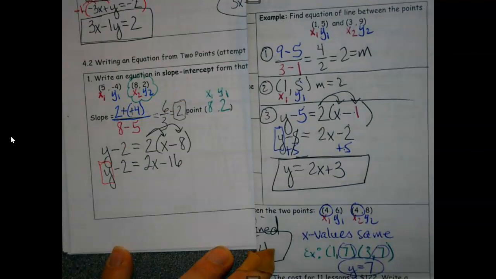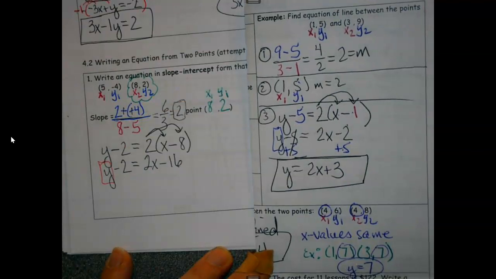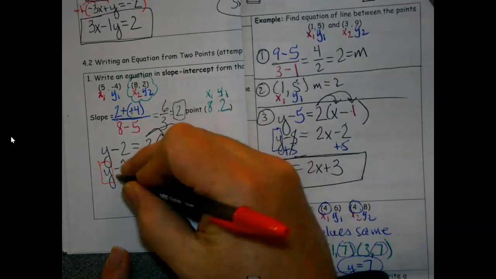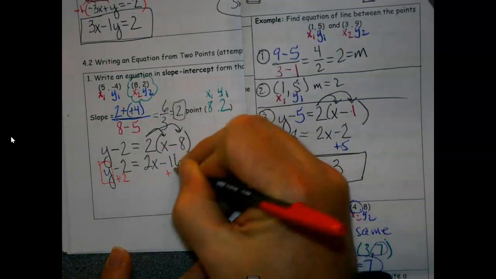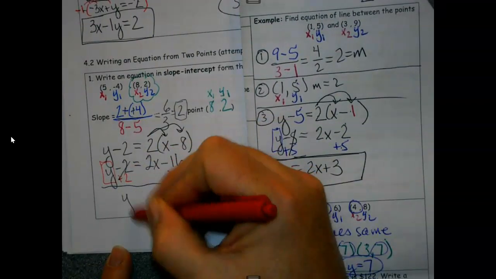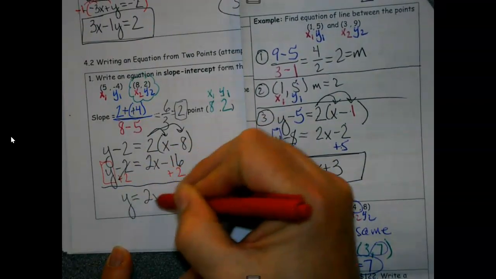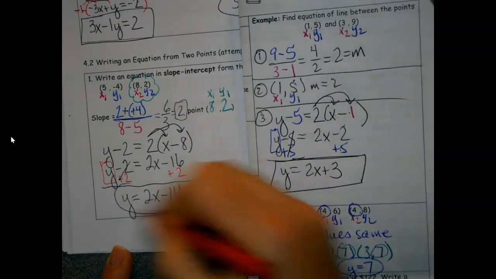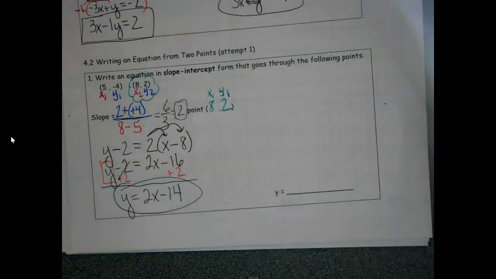My job now is to get y by itself. Undo the minus 2, just like we did undo the minus 5 there. Y is by itself. I guess I could have put it over here in the blank.